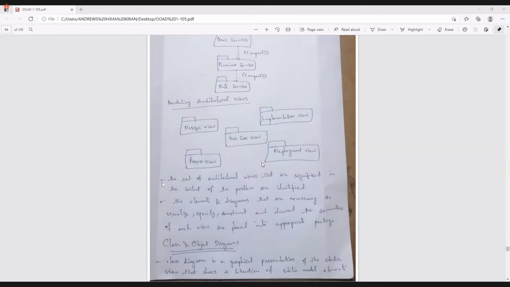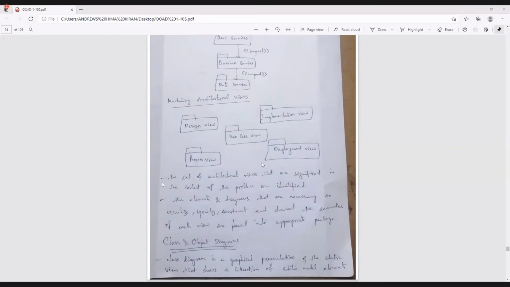That's what this second point says about the elements and diagrams necessary to visualize, specify, construct, and document the semantics of each view being placed into the appropriate package. We need to identify the appropriate diagrams for the appropriate architectural use.